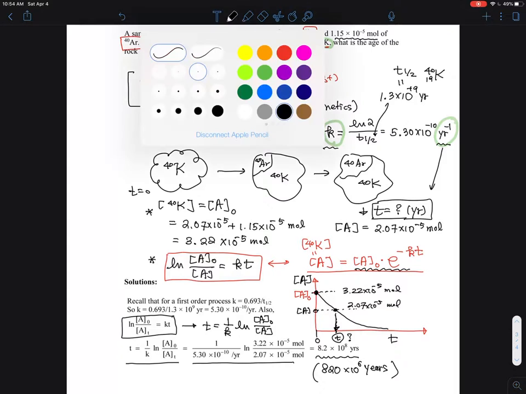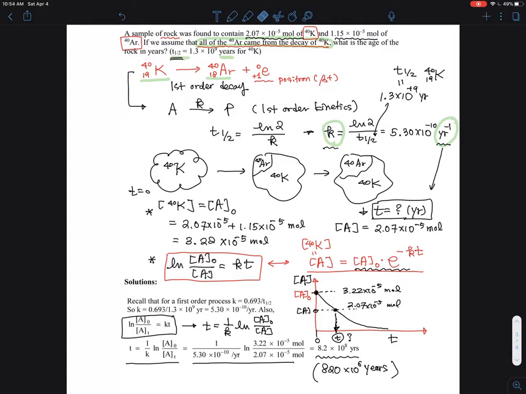I wanted to give you extra information to show you the idea of exponential decay, in the form of a graph, so that you can see how the concentration of potassium is getting smaller and smaller. And this is how you can find out. Thank you for your attention. Okay, see you next time.